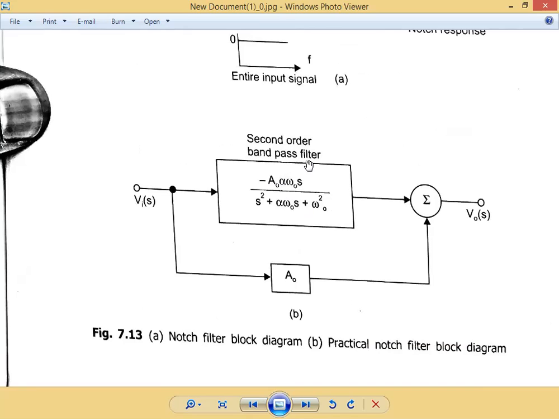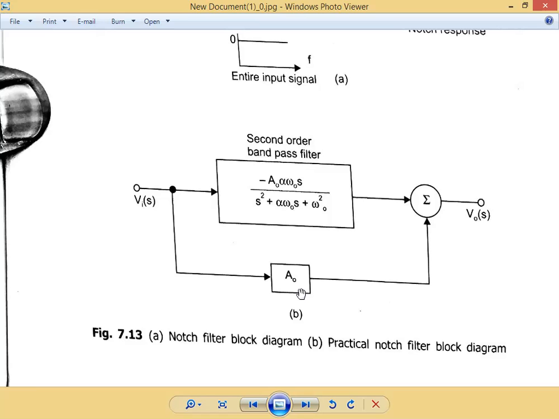Here we are using a second order band pass filter and an adder. This band pass filter has a gain of A0, so the output at the center frequency will be minus A0 into Vi.